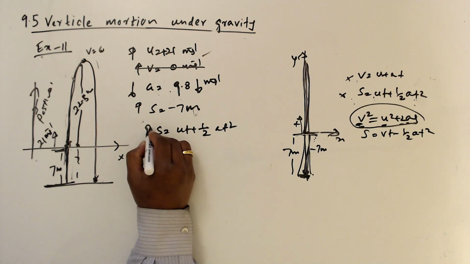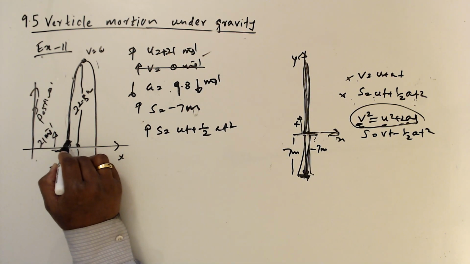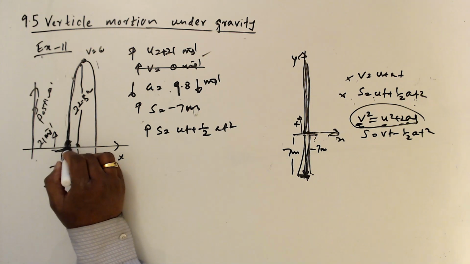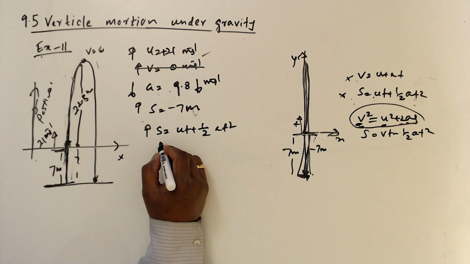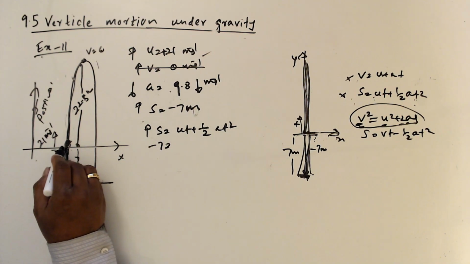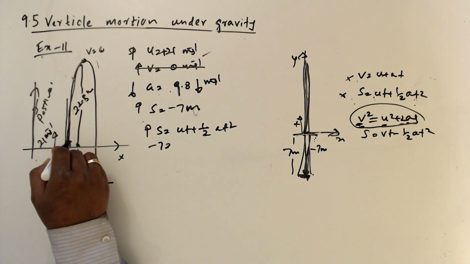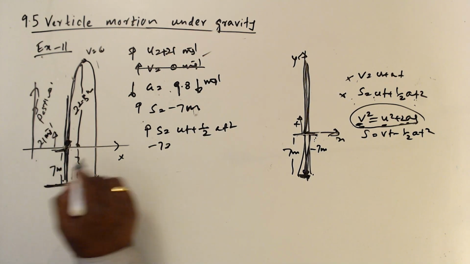We'll put it this way because usually it is better to always put it where the direction of u is. So s is minus 7 because the particle moves here and this is the positive direction and this is the starting point. So it is minus 7.